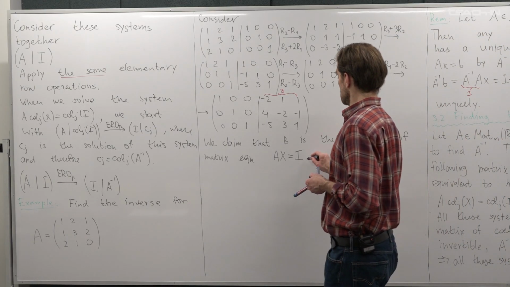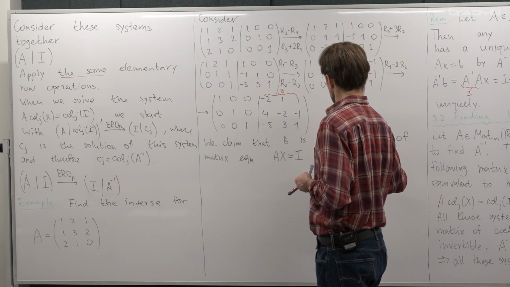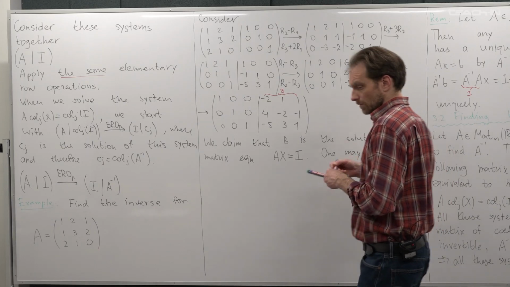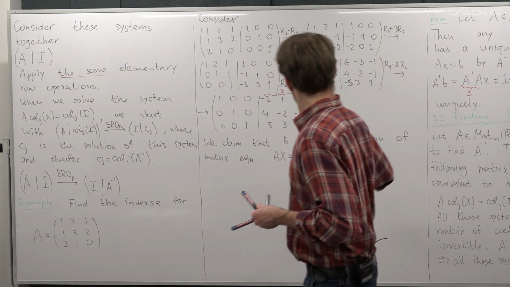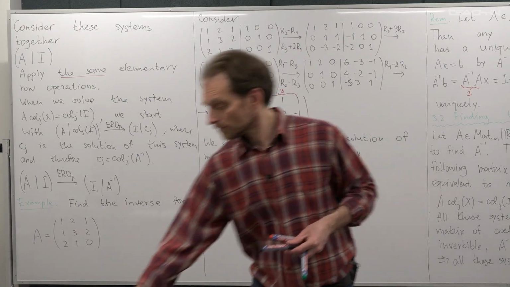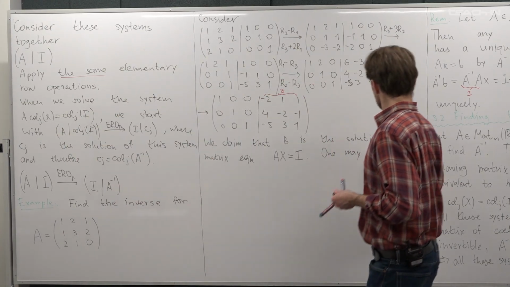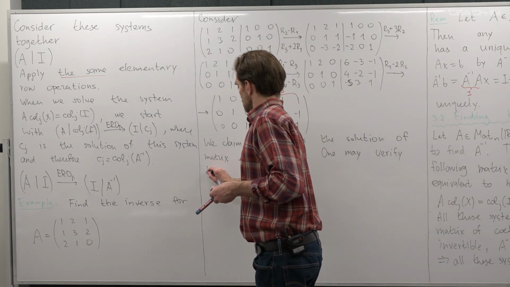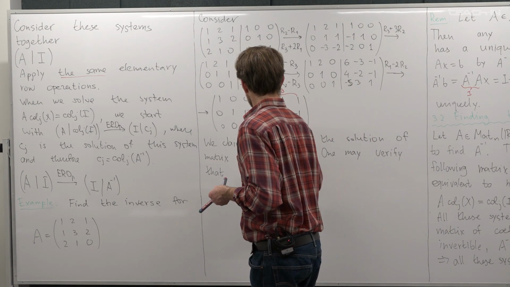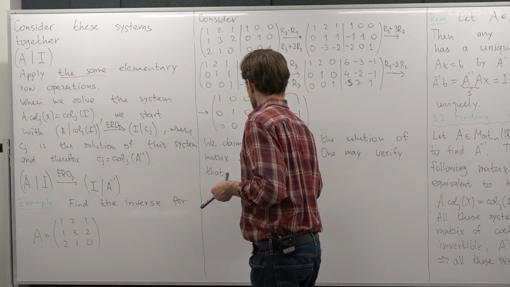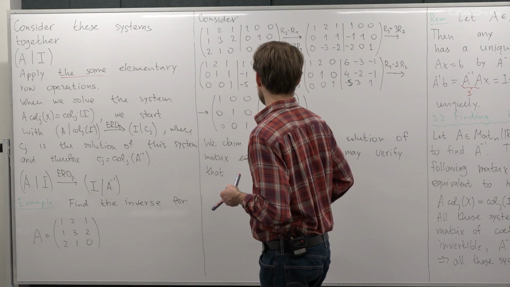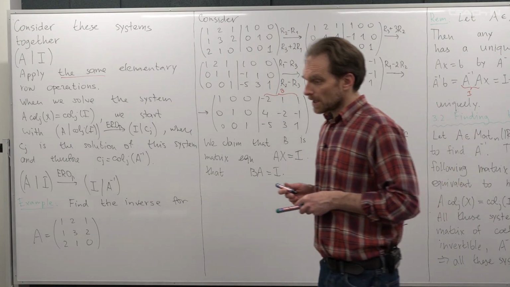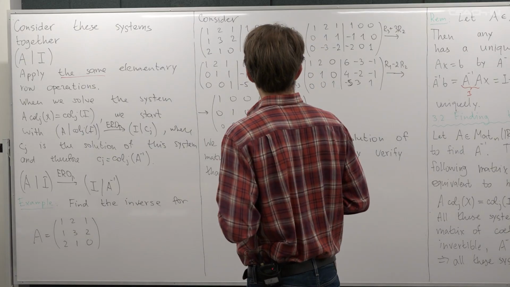And then one may verify that B multiplied by A gives the identity as well. So I will not do this just because these are just simple computations.